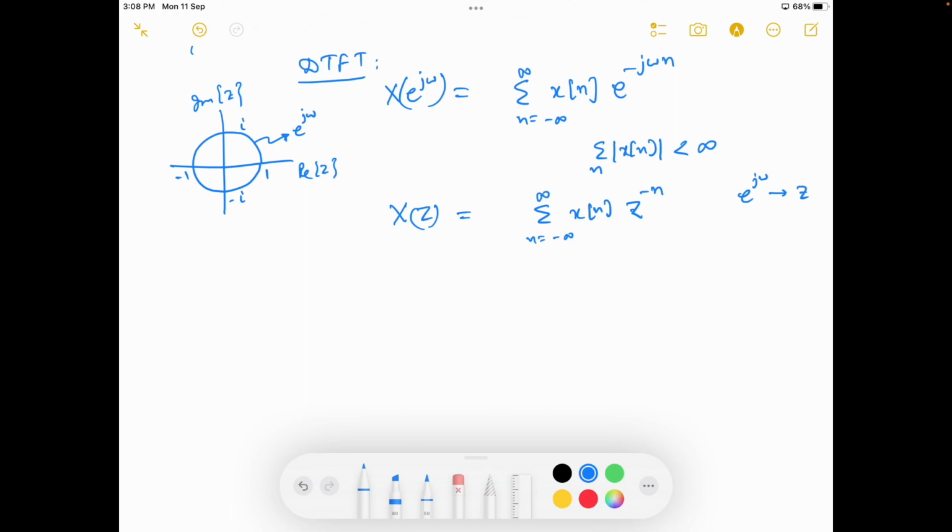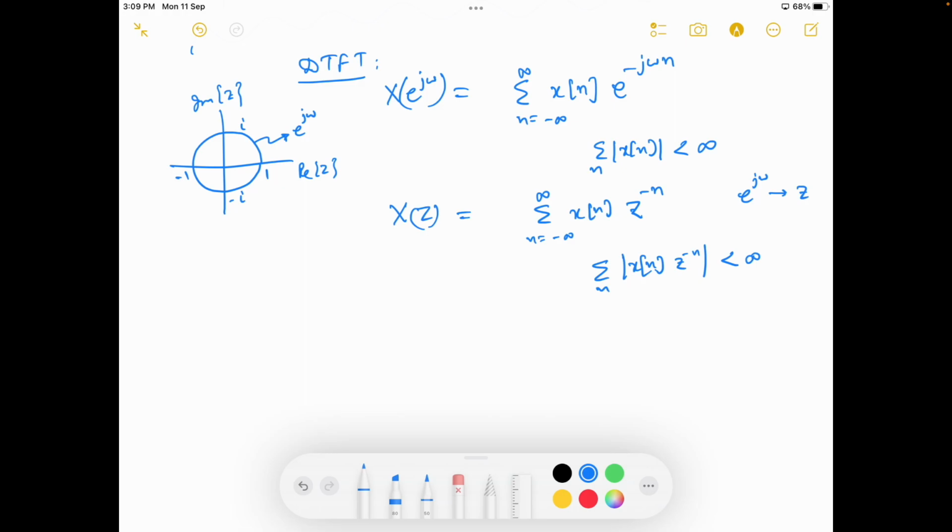Now the condition for convergence becomes this. Now, if my x[n] is diverging, still I can choose my z large enough so that the whole series may converge.